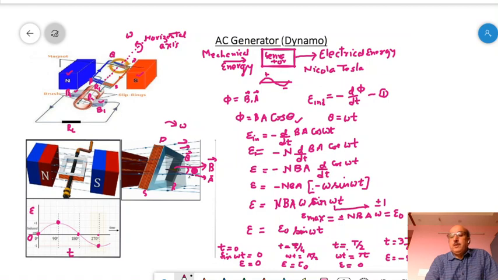Then we will get again E equal to 0. So as the rotation takes place, we will get the alternating EMF at regular intervals.